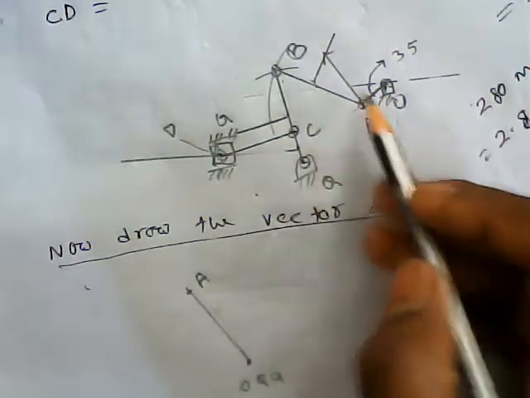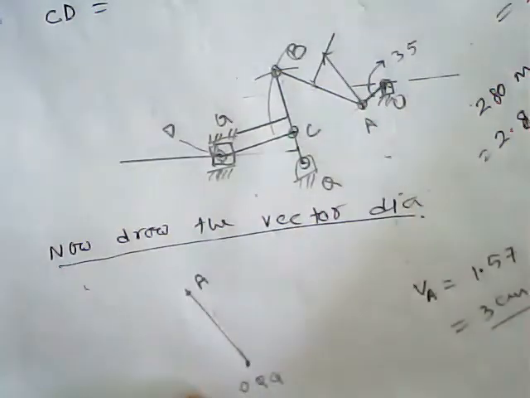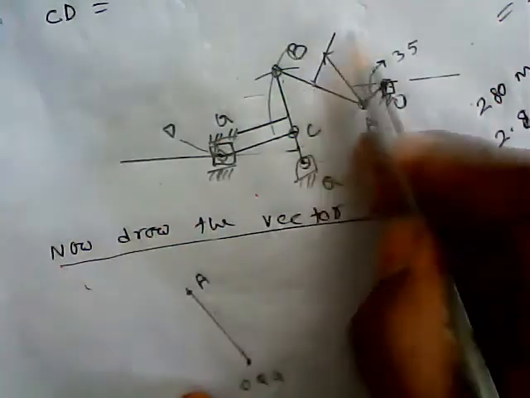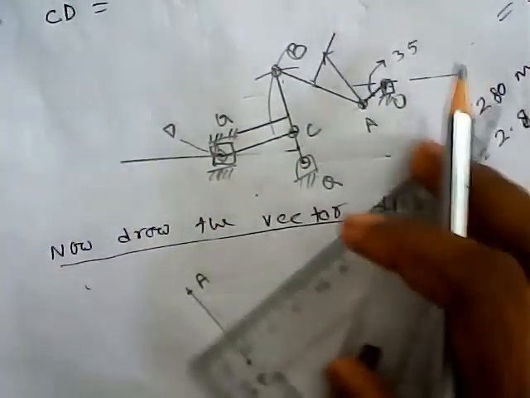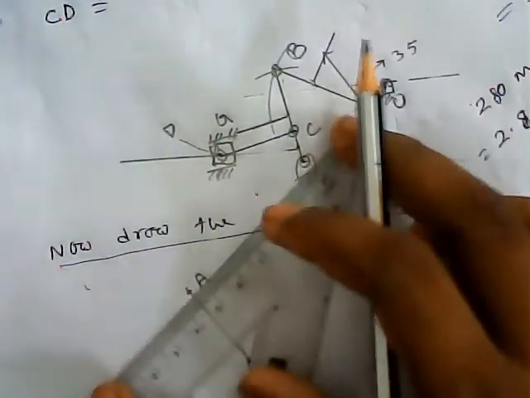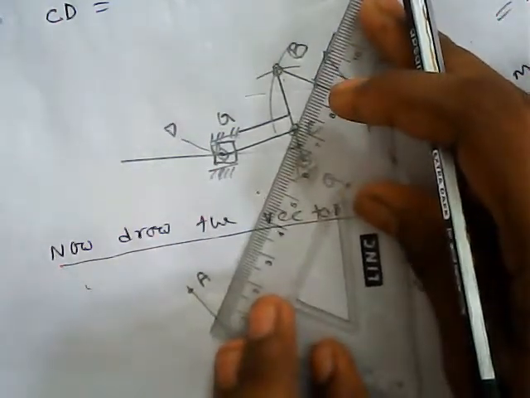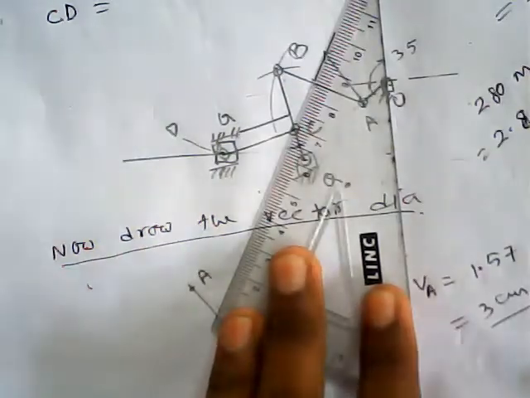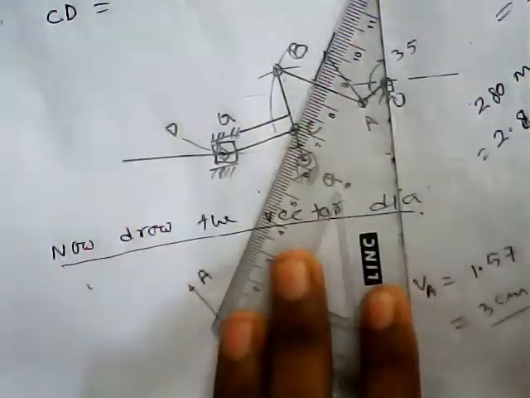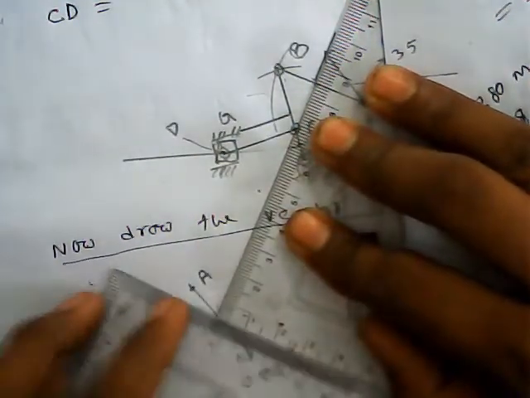So that is point A. Now in AB, the perpendicular line which is passing through A in velocity diagram. So the parallel line from point A should be drawn in the velocity diagram.